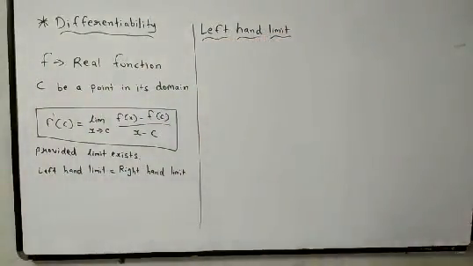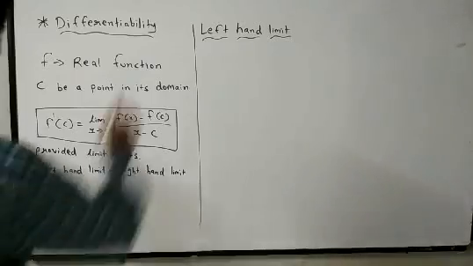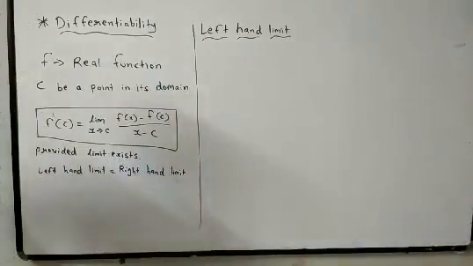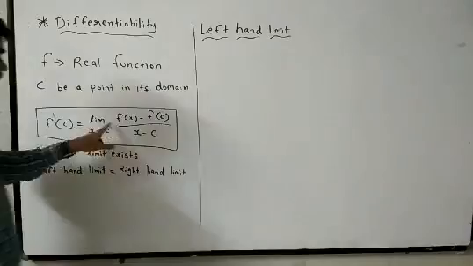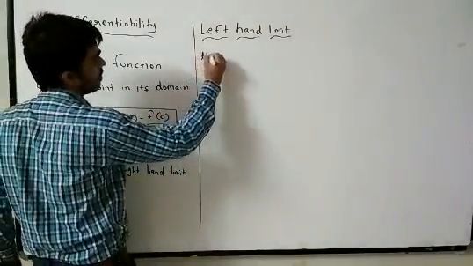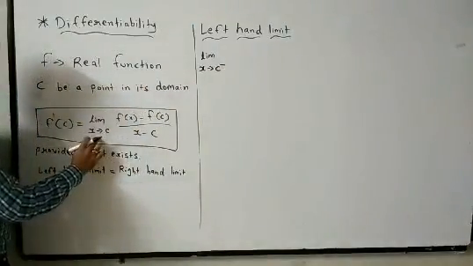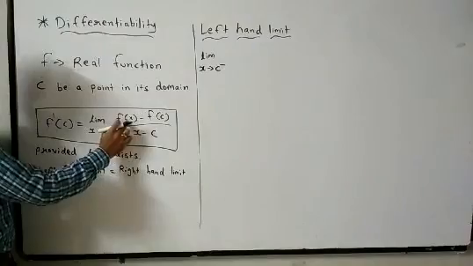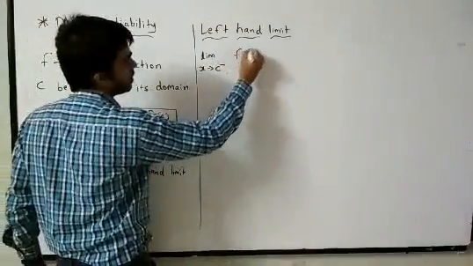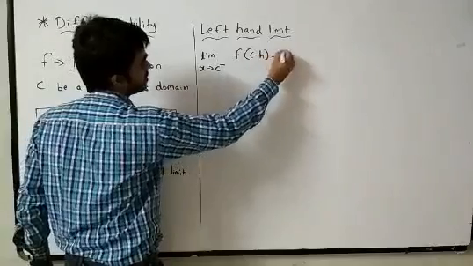Okay, I hope it is visible to you. Okay, left hand limit. So when we are taking left hand limit, at that time limit x tends to c negative, f of x, c negative, then c minus x.